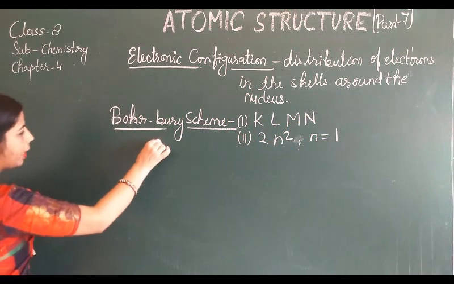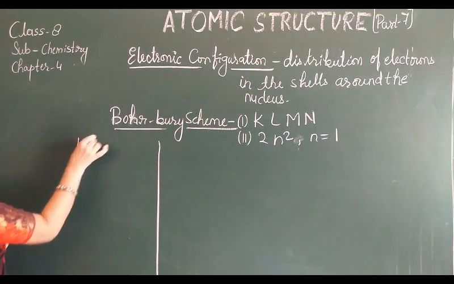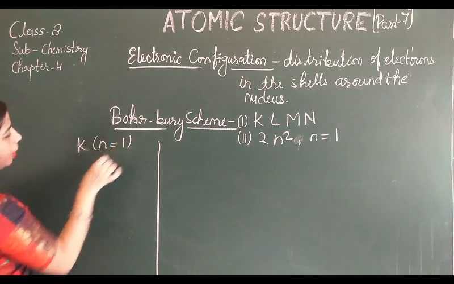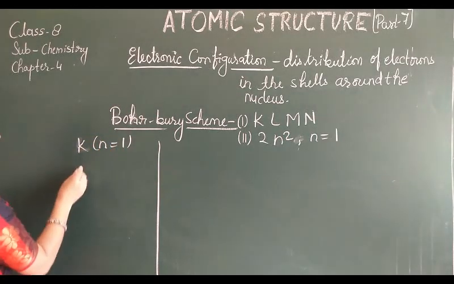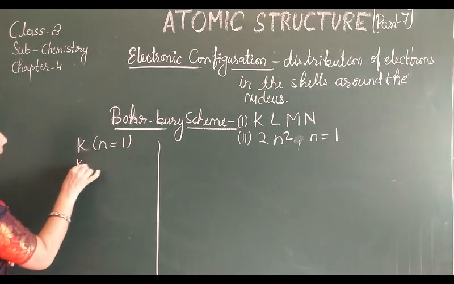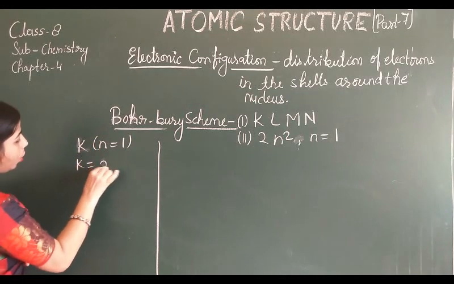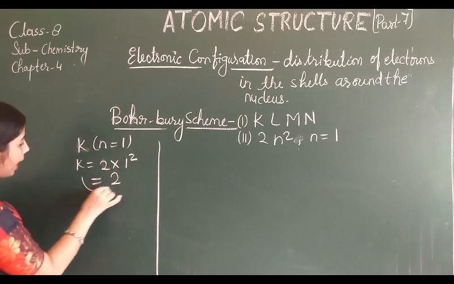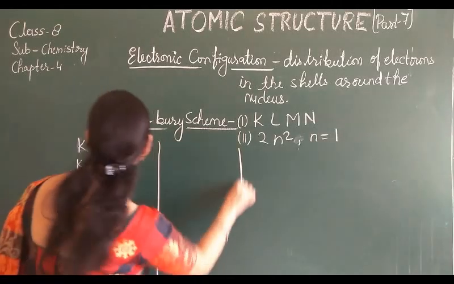So I am quickly telling you, suppose K where n is equal to 1, and the formula we have is 2n square, that means K is equal to 2 into 1 square, that means 2 electrons. K can accommodate only 2 electrons.